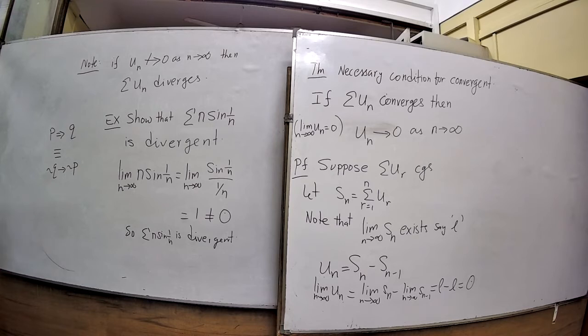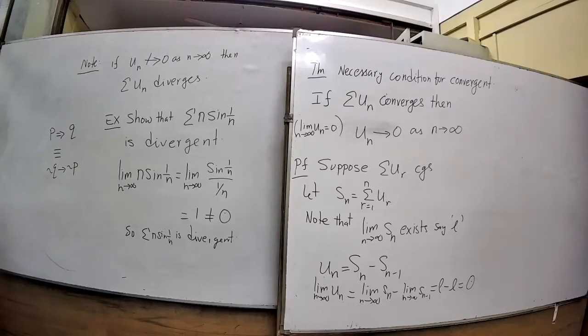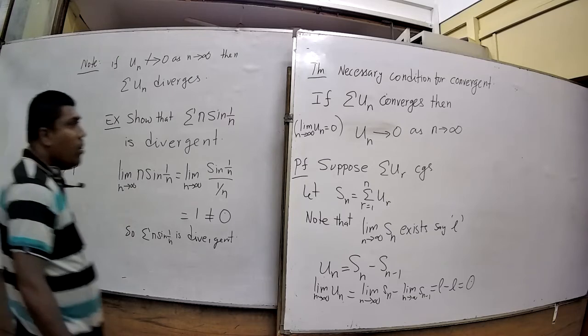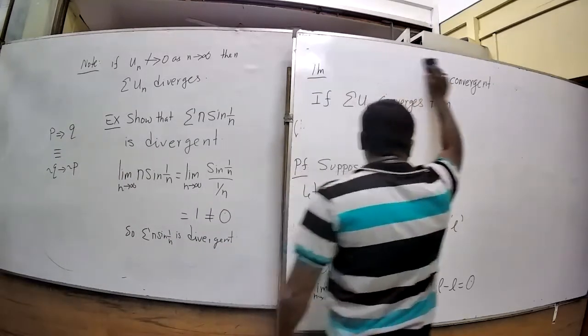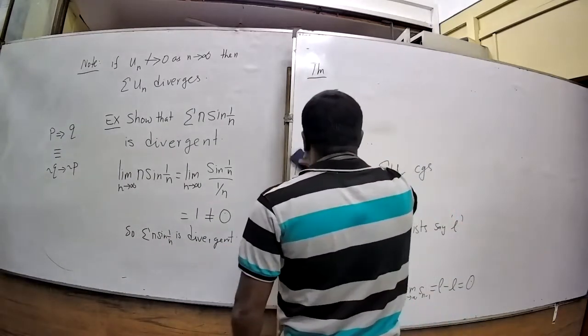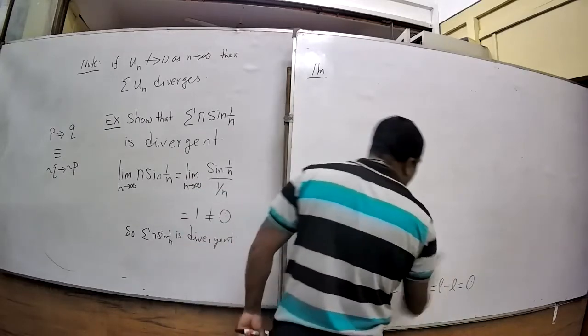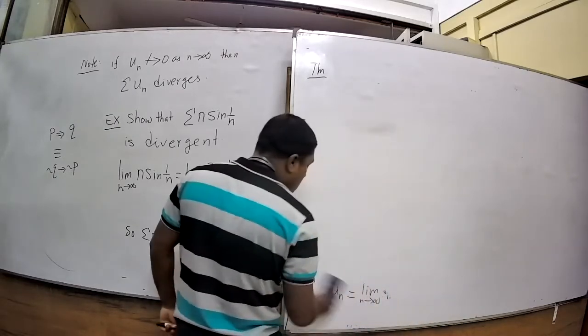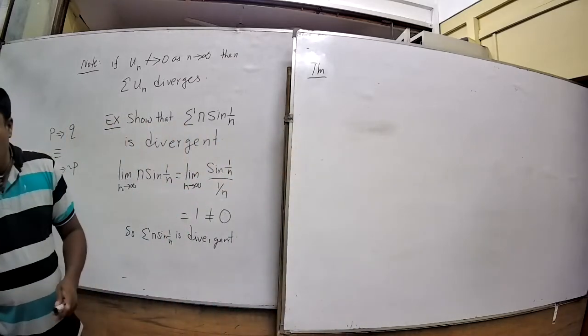Similarly, in sequences, we see something called the Cauchy criterion, right? So in the sequence, we studied the Cauchy criterion. So we are going to study a similar kind of criterion for the series as well.